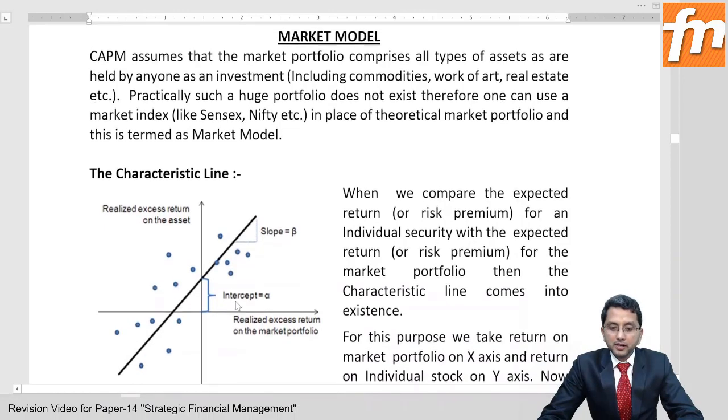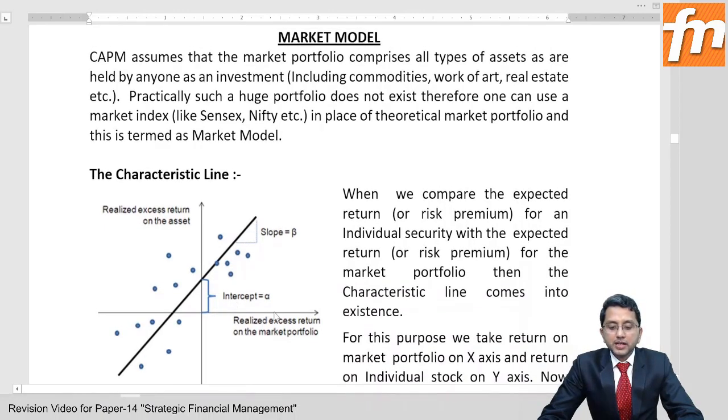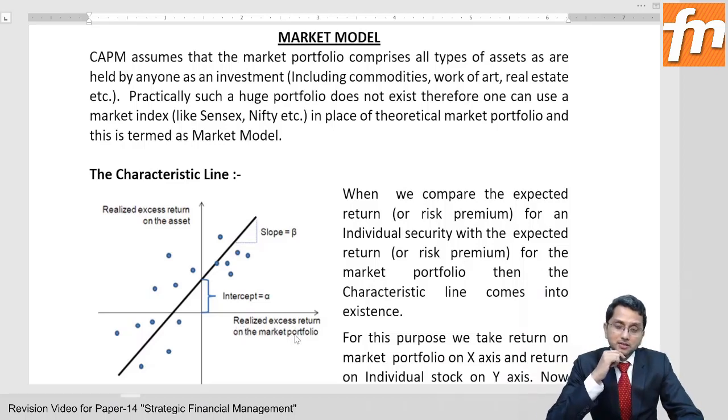What do you do in a market model? You take either the return or the risk premium on Sensex on the x-axis. Here you take realized excess return on the market portfolio.